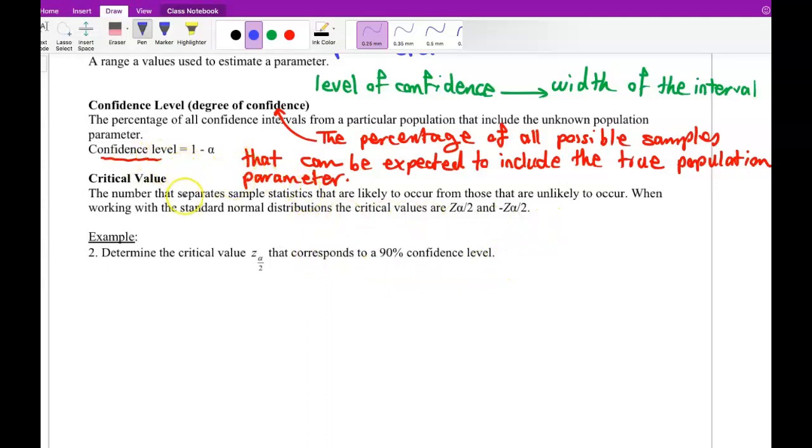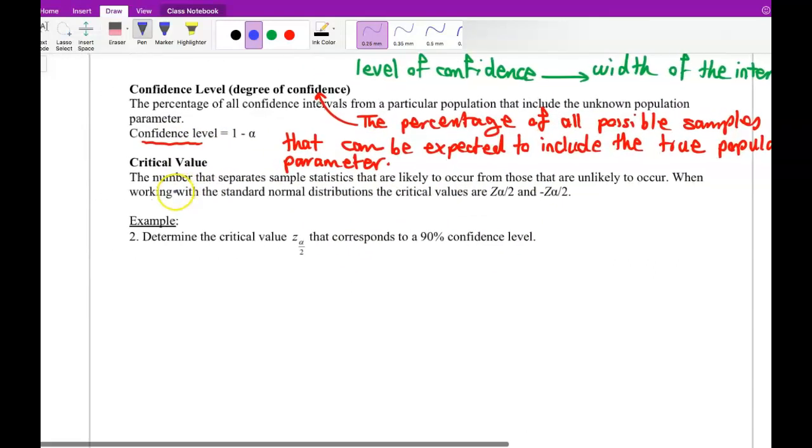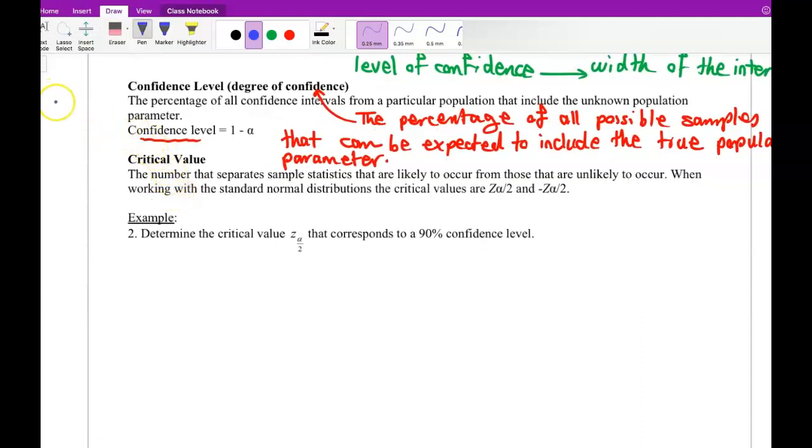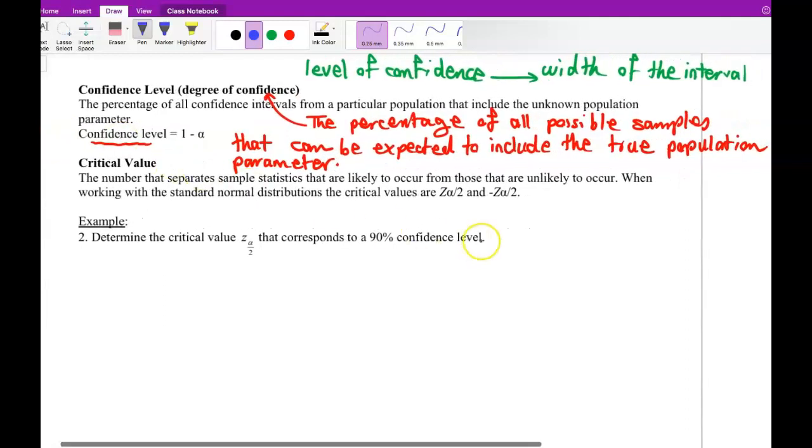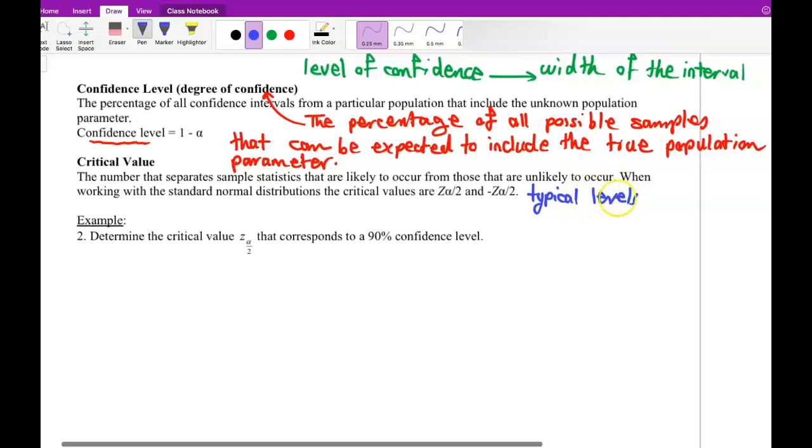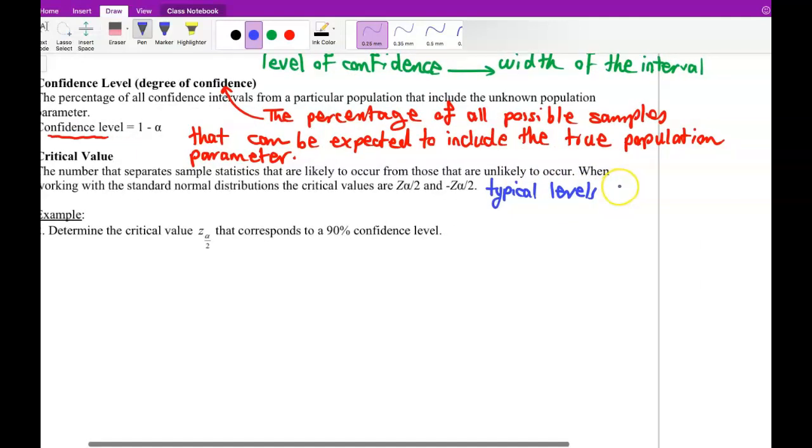So for this part, the typical levels that we usually use are 90%, 95%, 99%. So let me write that here. So typical levels we use, usually I have this one.